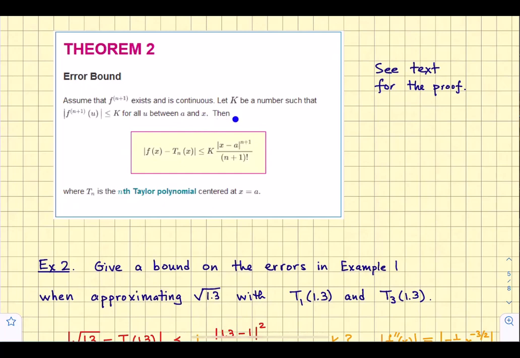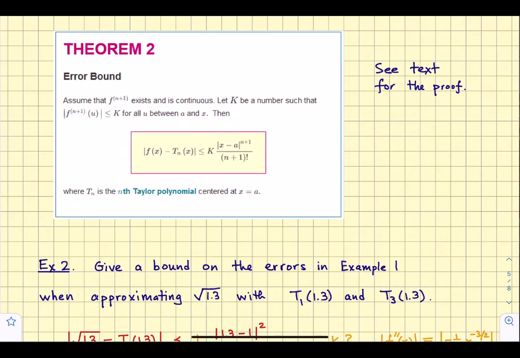Then the absolute value of f of x minus T sub n of x, notice this is just the absolute error of the approximation because we're taking the absolute value of the difference between the true value of f at x and the approximated value by T sub n of x, is bounded above by this constant K times the absolute value of x minus a to the n plus first power over n plus 1 factorial. So see the text for the proof. Let's jump into an example and see.